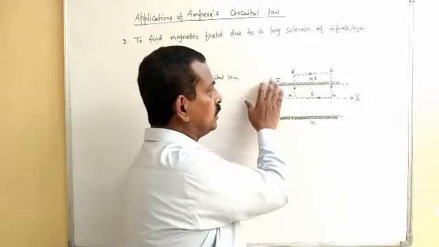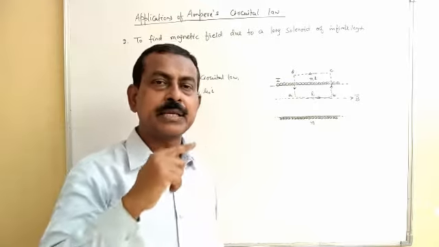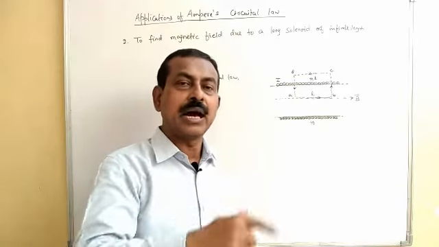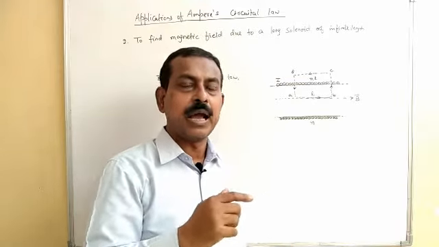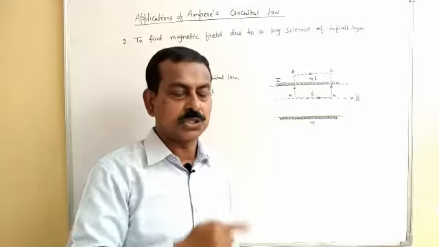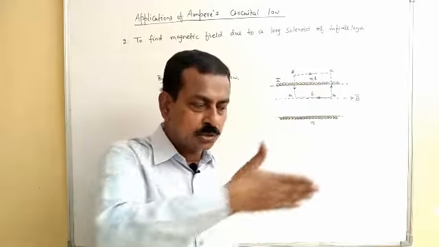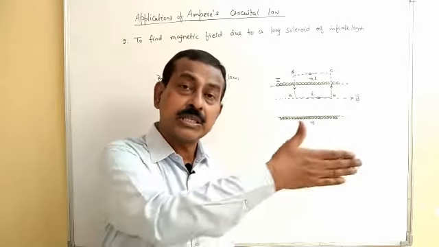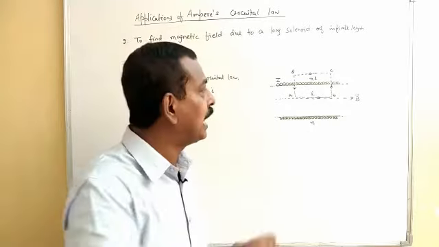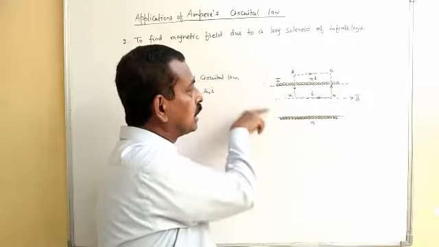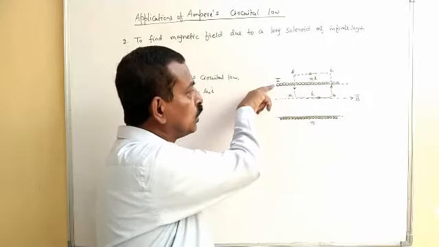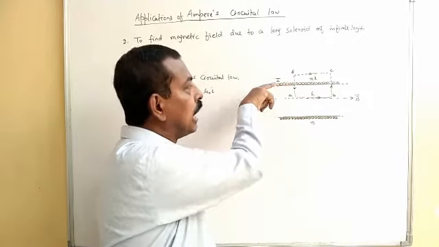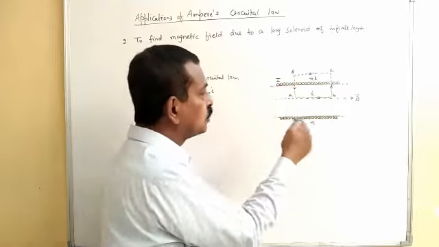Now just think in this way: if you are taking a solenoid, it has a large number of turns. And if the current is flowing, suppose in this direction, if we cut the solenoid into two parts along its length, you'll find that the current is coming out of the plane and going into the plane.